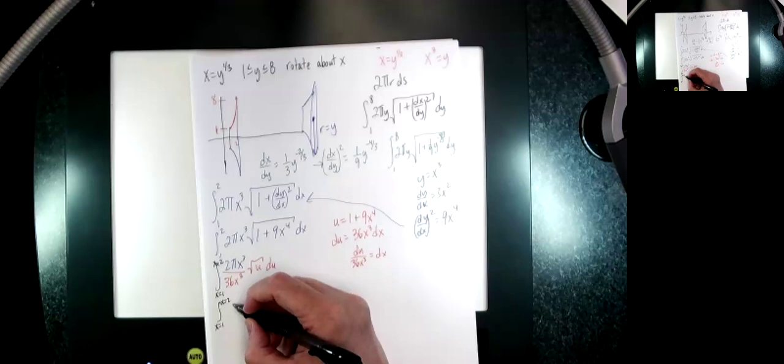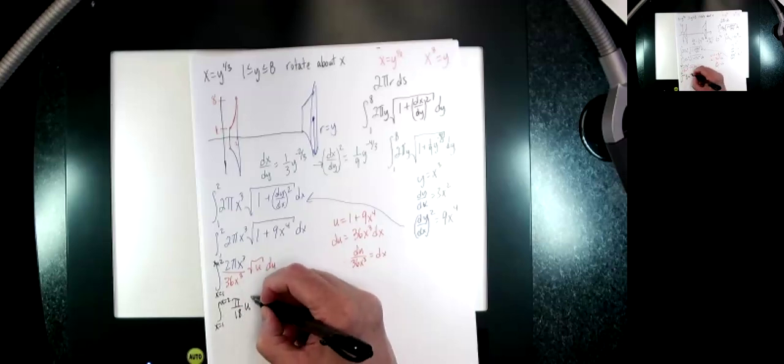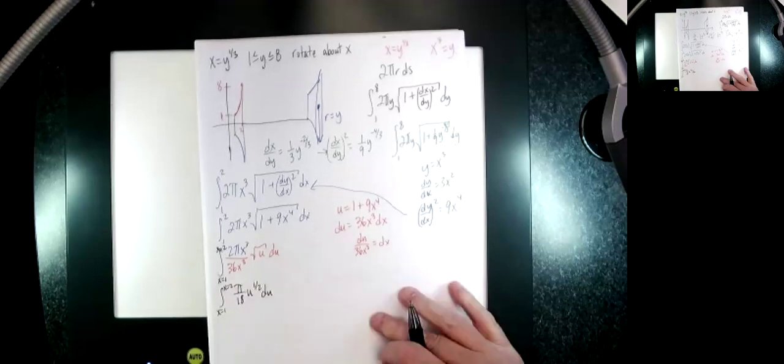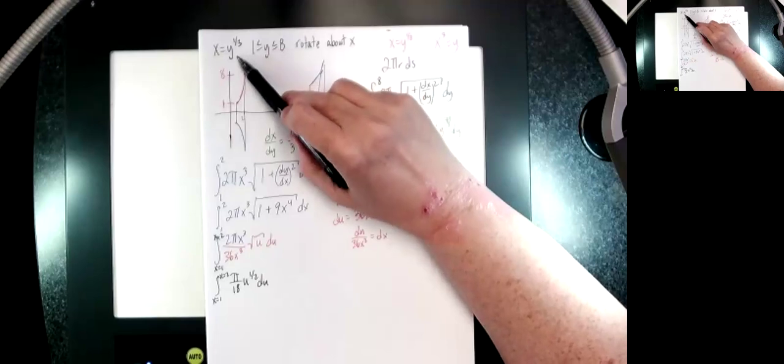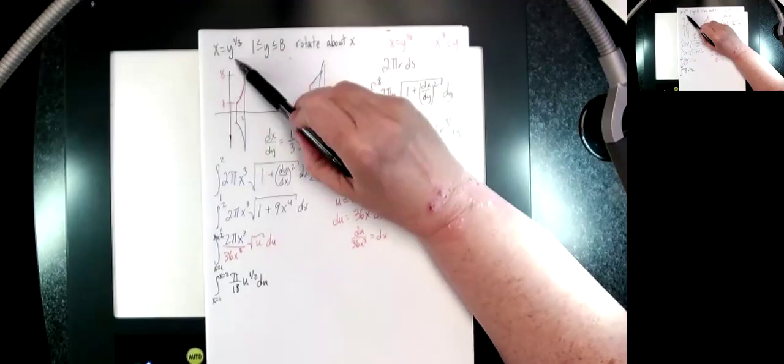We've got pi over 18 there, u to the 1/2 du. If I plug in 1, I get 1, and if I plug in 8, the cube root of 8 is 2.